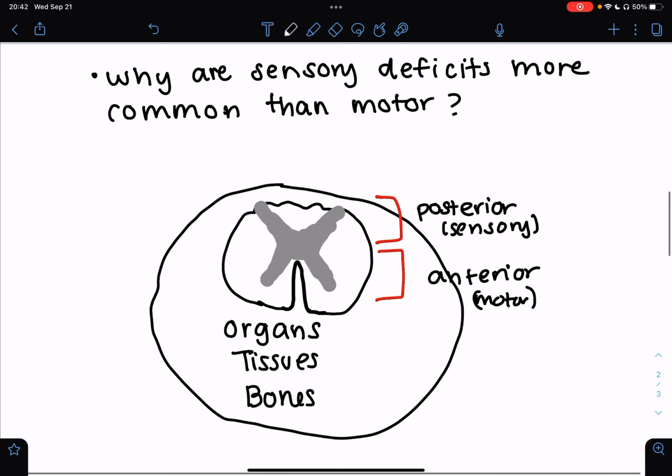So evolutionarily, it is going to be more beneficial for us as humans, if we're to choose one, to have a sensory deficit over a motor deficit, so we're still able to move.